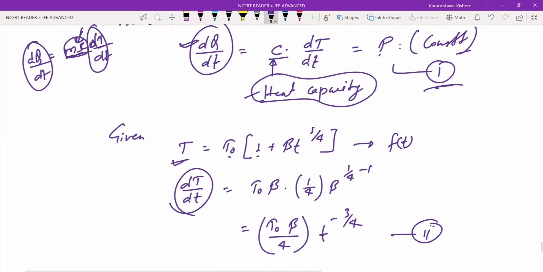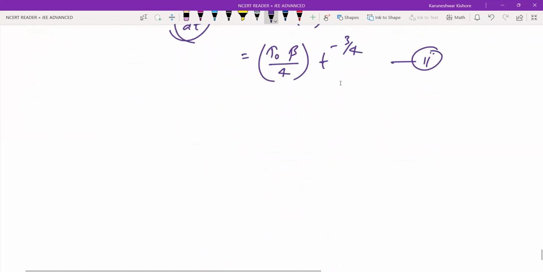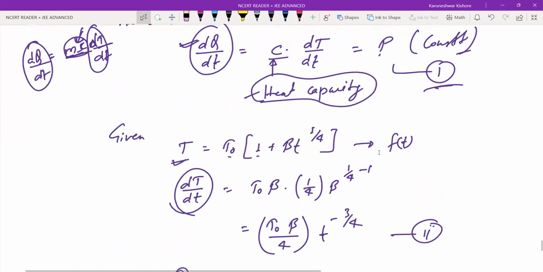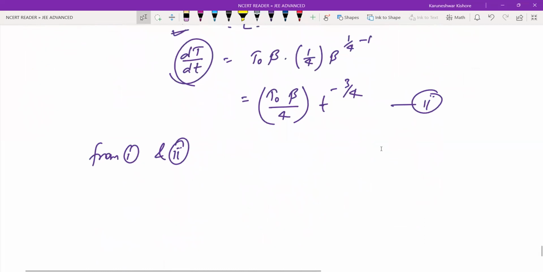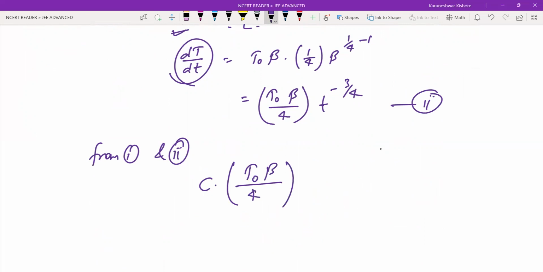So you can see P is equal to P, and from 1 and 2 we can write C multiplied by this dT by dt term, which is T naught times beta divided by 4, times T to the power of minus 3 by 4, and this equals the power.